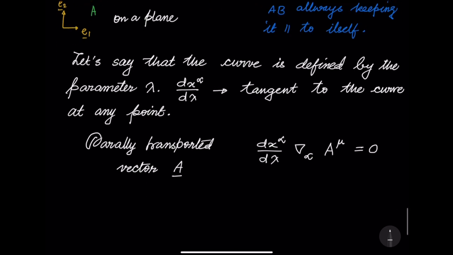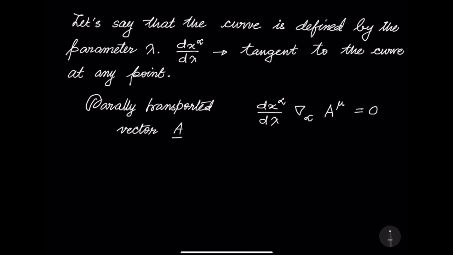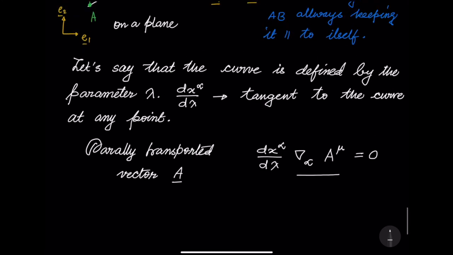What does it mean? It means that the derivative of this vector along the direction of the curve is 0. So along the direction of the curve, I have not changed the components of the vector, then I will say that it is parallelly transported.